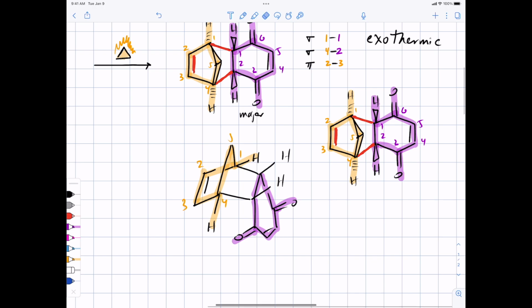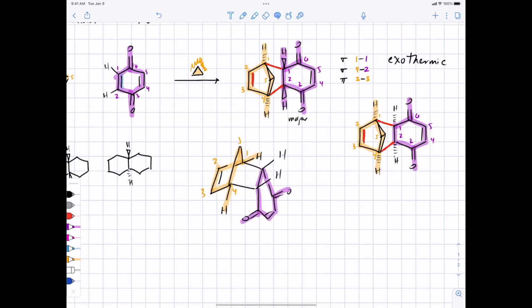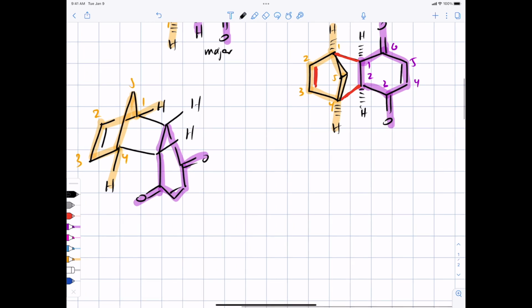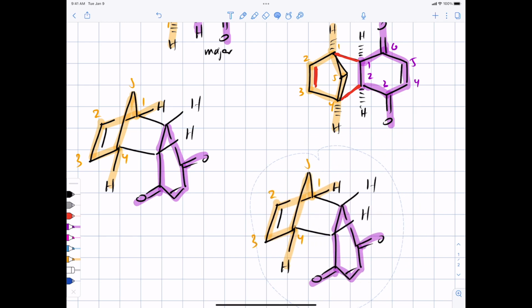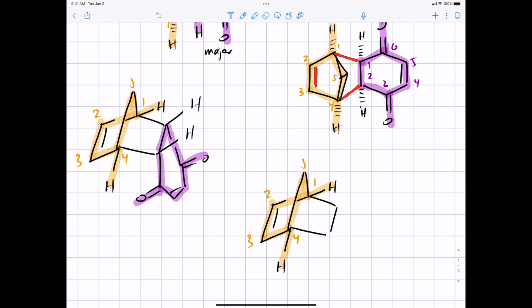And that stereoisomer would be simply this.